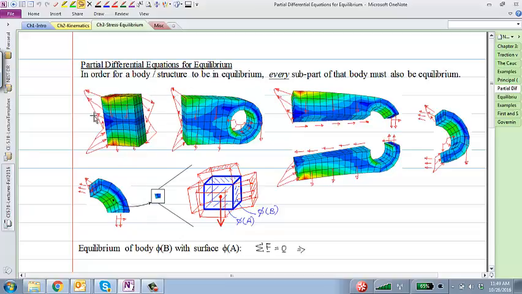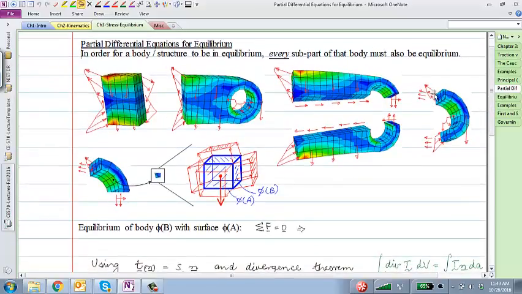So if I take any number of arbitrary cuts of a big body, I imagine parts of that body. I'm not actually physically cutting that body. Imagine any arbitrary part of that body.